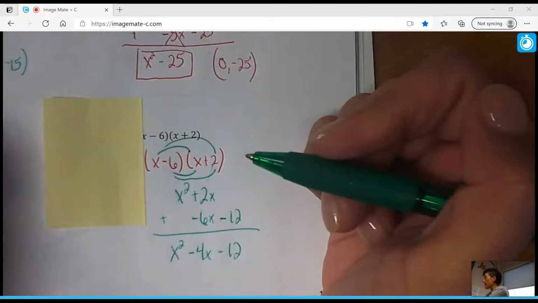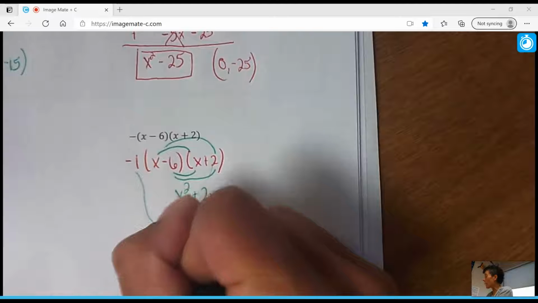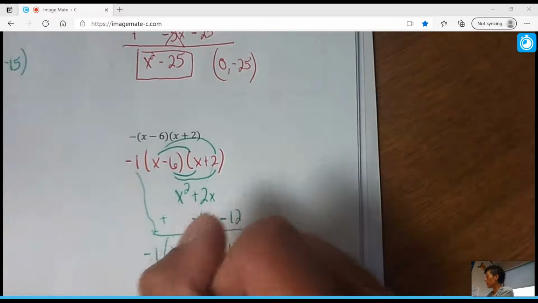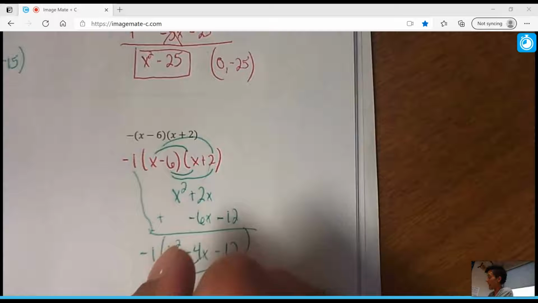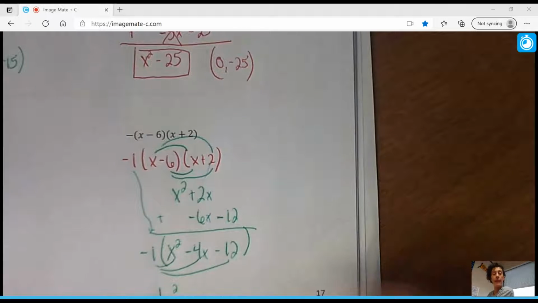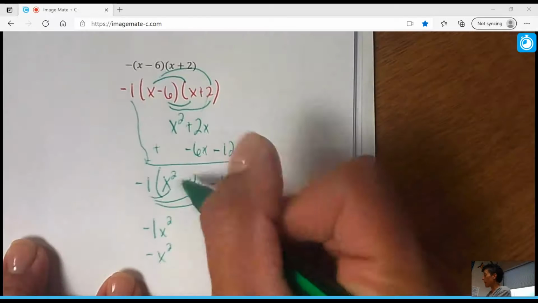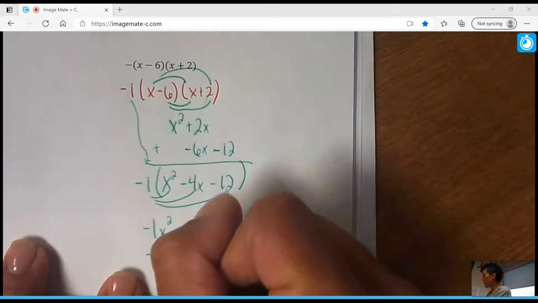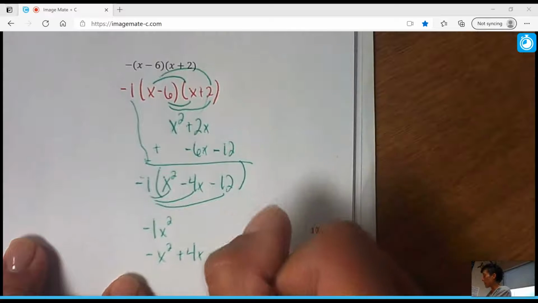Then I'm going to move my sticky note, bring this negative 1 down, and negative 1 now will distribute to everything. So I get a negative 1x squared, which you could also just write as negative x squared. They like to leave that 1 invisible. Negative 1 and negative 4 is a positive 4x, and negative 1 with negative 12 is a positive 12.